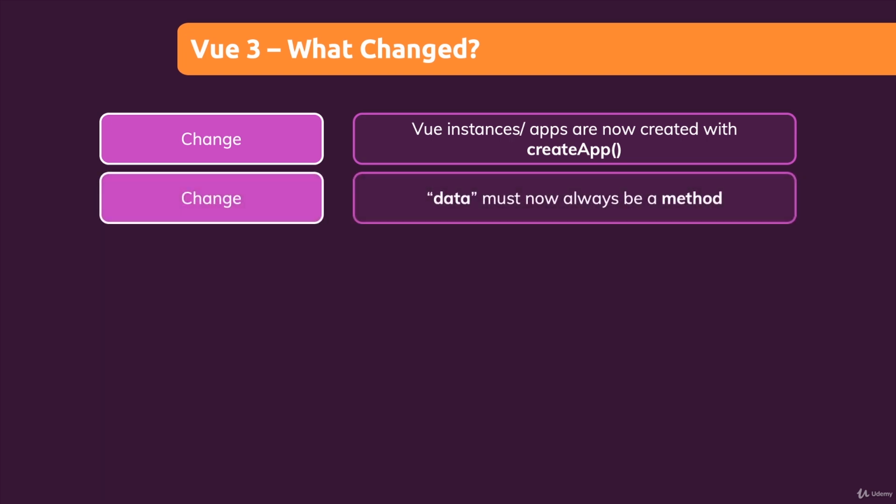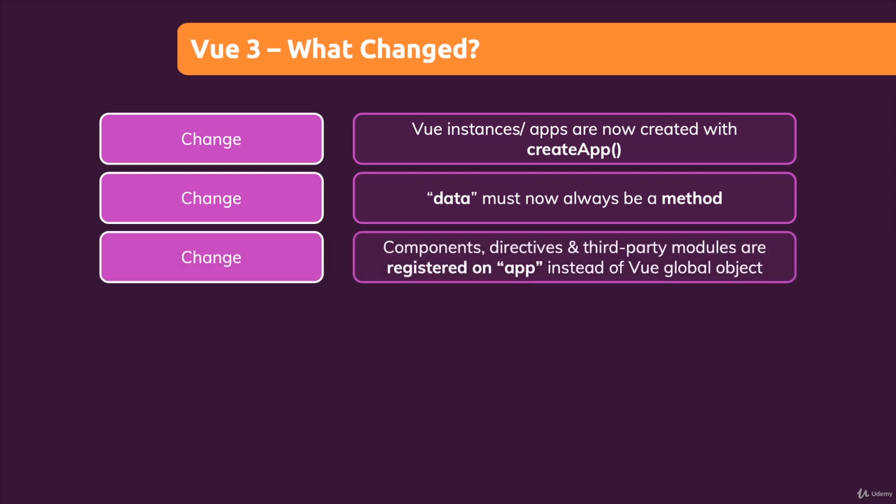In addition, the data option now must always be a method. It's no longer allowed to be just an object. And another change that will affect everyone is related to how you register components, directives, and third-party modules. This will now also work a bit differently, as you will see, but updating this and changing this will also be simple.